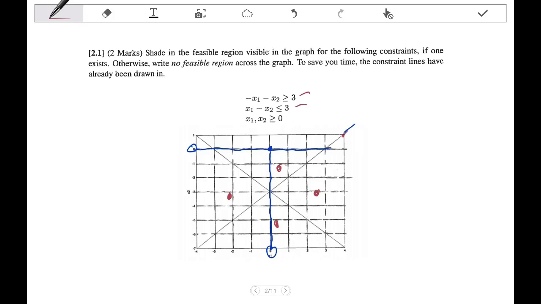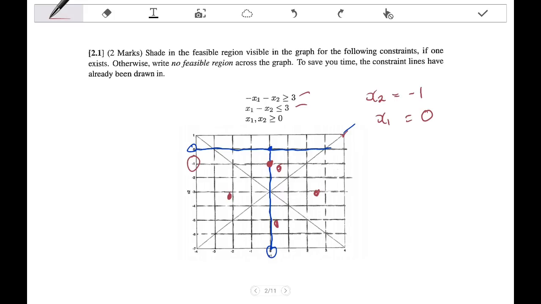So let's take this point here. Let's make a point here. This point is -1 and 0. So our x2 is equal to -1, which I took from here, and our x1 is equal to 0, which is this one here.